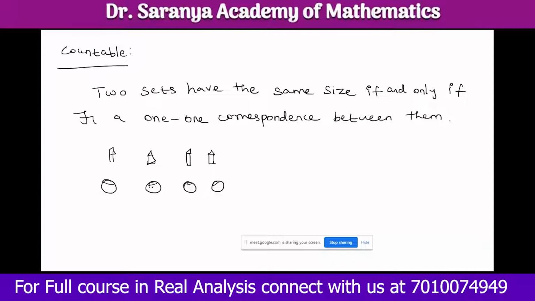So ring or ball is also countable, correct? Yes, 1, 2, 3, 4 balls. So now we can make a map, right? Map one-one and onto. Everyone knows the one-one and onto definition. Anyone can say one-one?